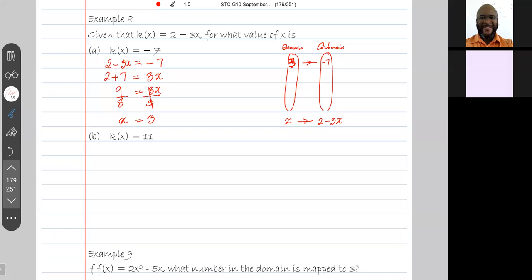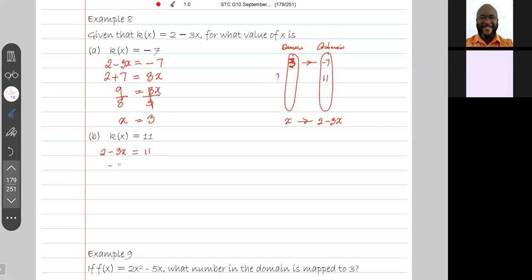All right, so resuming, sorry, let's finish 8. K of x is 2 minus 3x is equal to 11. So we want to find out what value over here is mapped to 11.